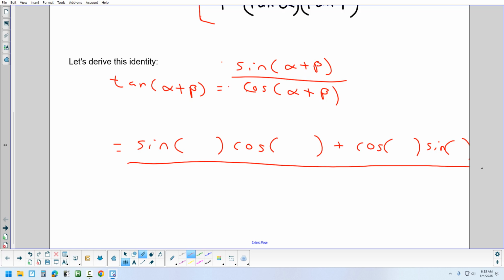Can you tell me how the bottom is going to break up? Start with the trig functions. The first sine is going to be alpha, and the cosine is going to be beta, and the next cosine is going to be alpha, and the next sine is going to be beta. All right, so let's just do the template. Don't even worry about the alpha and the beta right now. Just do on the bottom what I just did on the top.